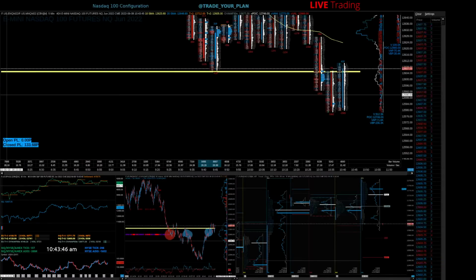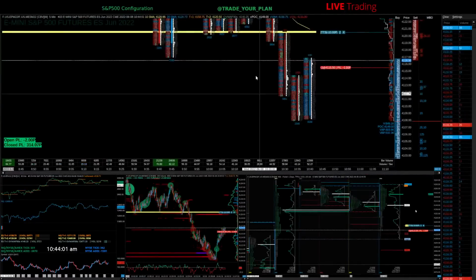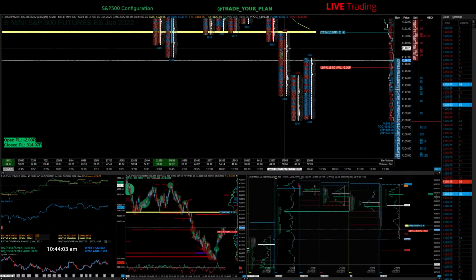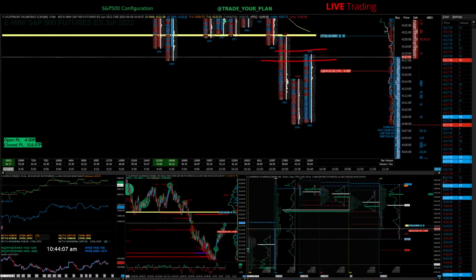Got some liquidity resting on the E-mini book. But market hesitating also here, right below single prints above us on ES. It's right here. So these are the single prints. All right, we just filled them.